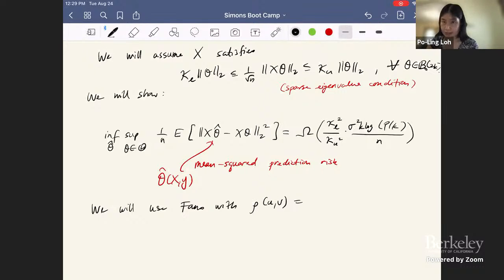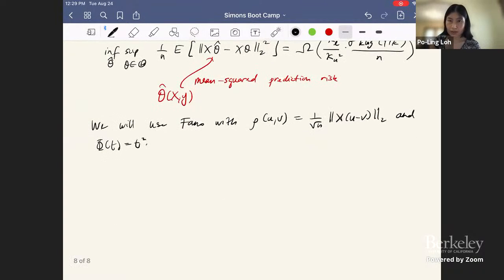Rho of UV is equal to 1 over root n times the 2 norm of x u minus v, and phi of t is equal to t squared. Okay, so here's where I'm going to invoke a result.